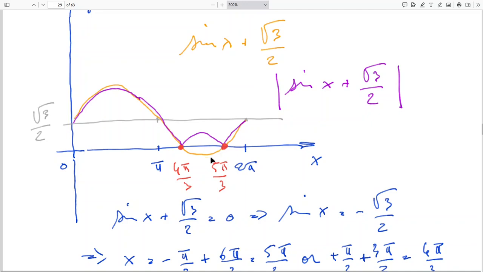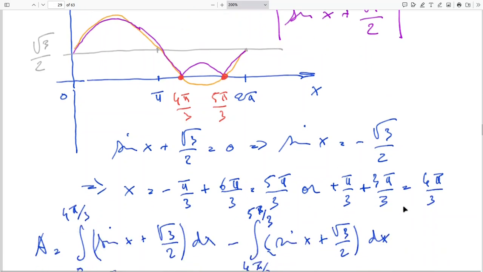How do we get these points? Well, it's quite easy. We set sine x plus square root of 3 over 2 equal to 0. So sine x is minus square root of 3 over 2.